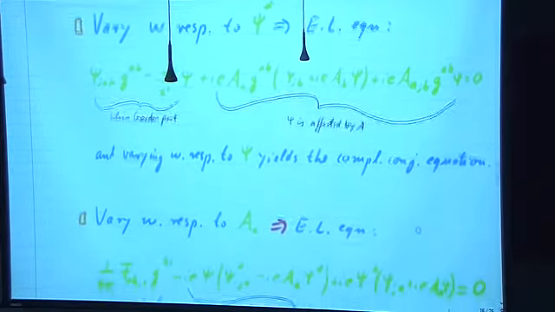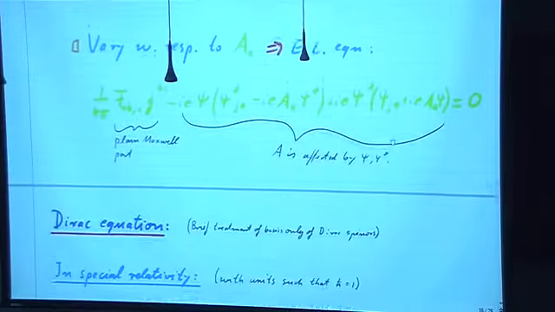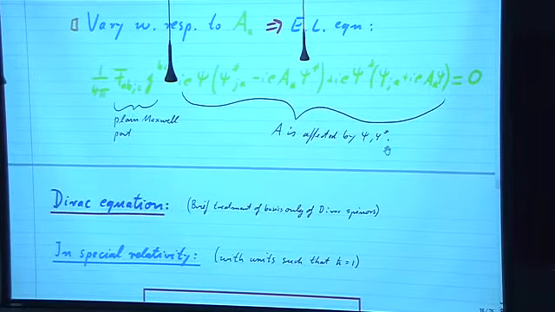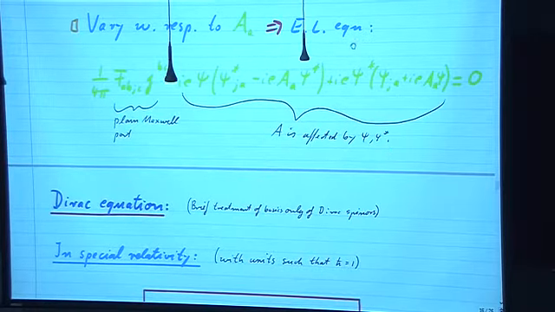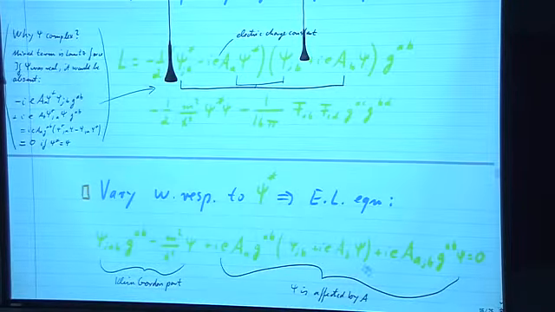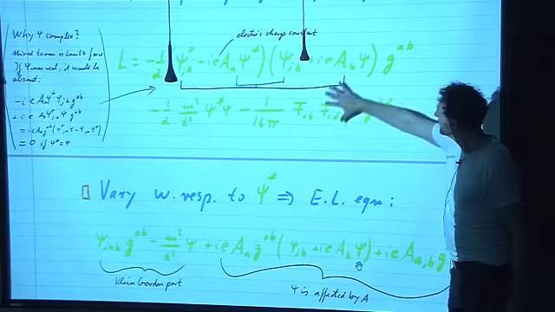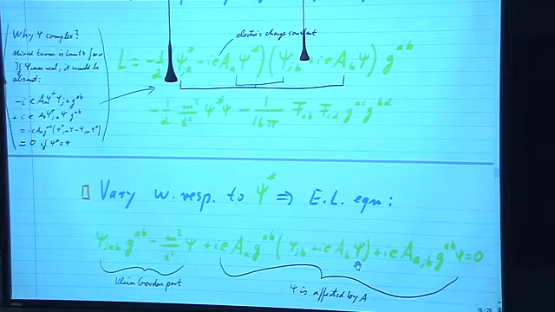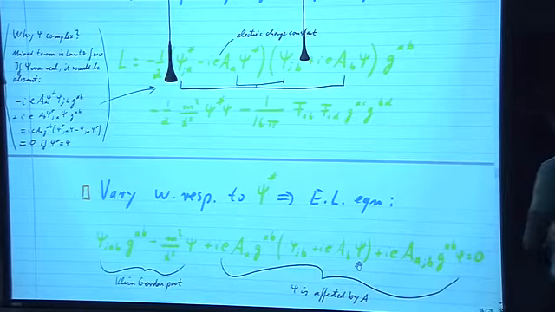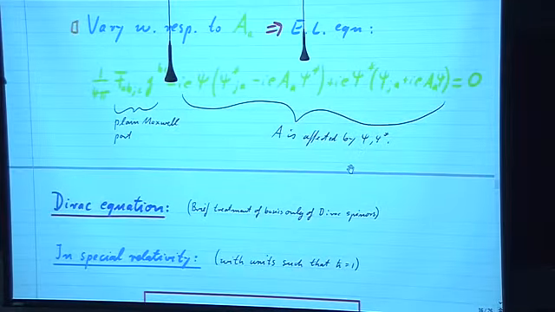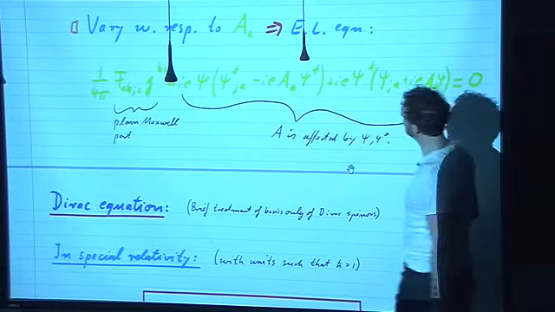On the other hand, the other species involved in this is electromagnetism. It's the photons. We can also vary the action with respect to A. There you go. And remember, there's an A inside the F as well. Then we obtain this equation of motion for electromagnetism.